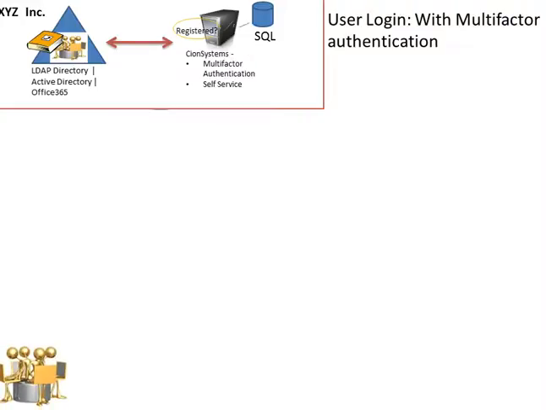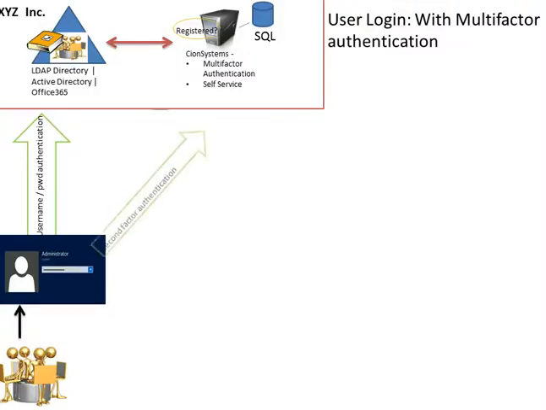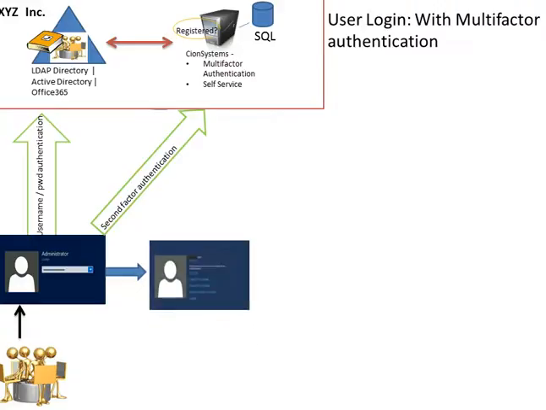The user community, they start the login process, and they provide the username and password, and it gets authenticated with the directory. And after the authentication succeeds, then for the second factor, the client talks to the Sun System service. Depending on the configuration, they get a list of second factors and they choose one of them.